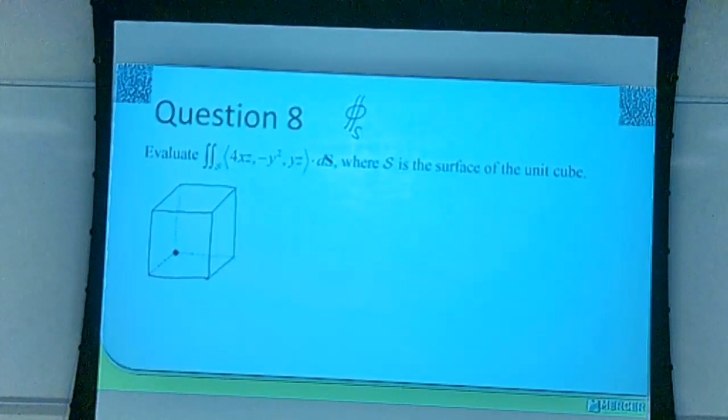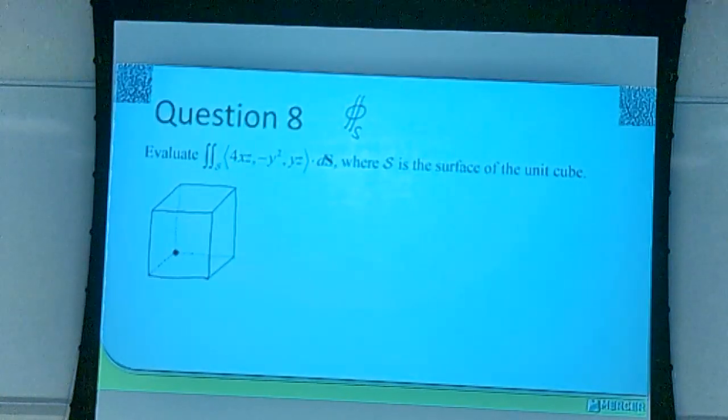The surface areas have to be equal, but the flow through each of the facings doesn't have to be equal. It depends on how the vector field curls and everything. We're not doing surface area. We're doing flux.